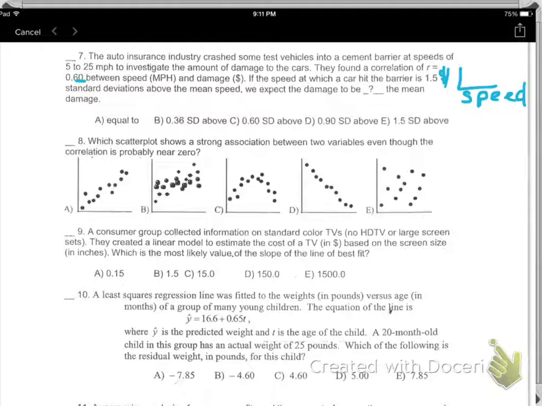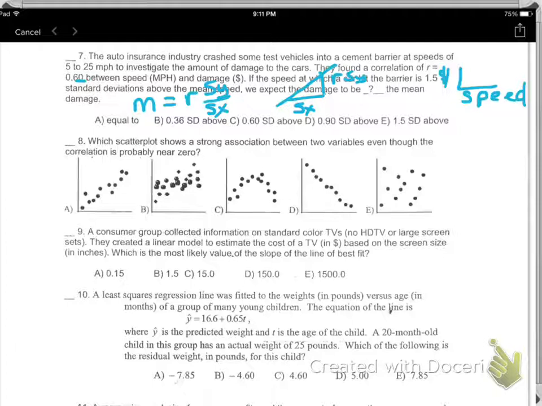Okay, so we have to remember that slope is equal to r times the standard deviation of y over the standard deviation of x. And so if the barrier is 1.5, okay, so I drew a little picture of it. Remember I talked about this briefly. I drew a slope and I drew a little line going out and I labeled that sx and I go up and that's r times sy.